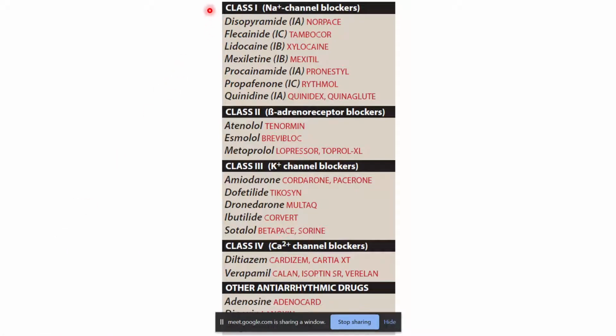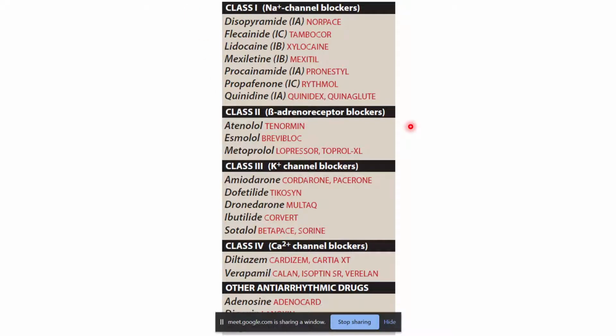Class 1 is the sodium channel blockers and is divided into 3 subclasses: A, including disopyramide, procainamide, and quinidine; then B, that is lidocaine and mexiletine; and C is propafenone and flecainide. These sodium channel blockers are the most common drugs used for arrhythmia.